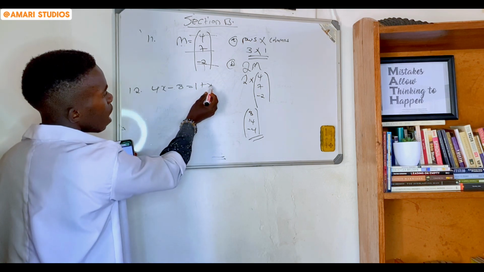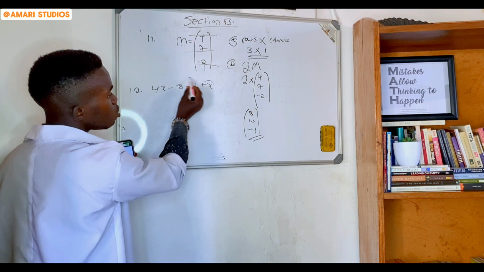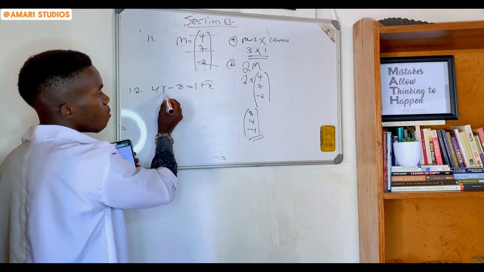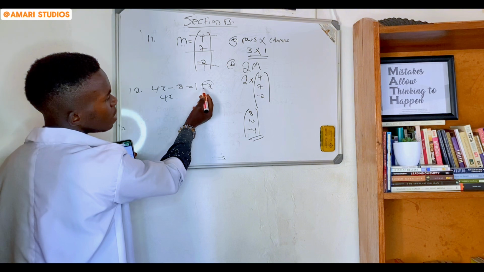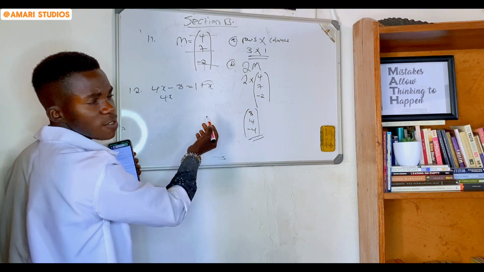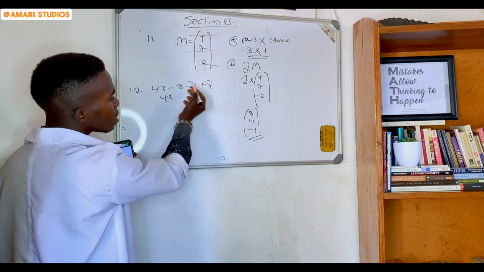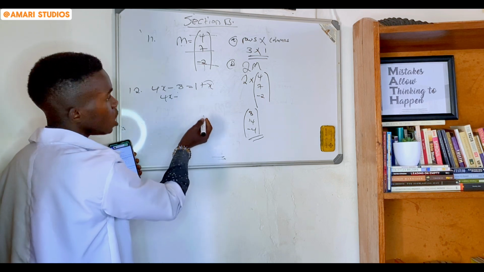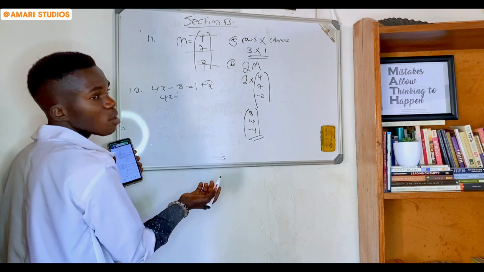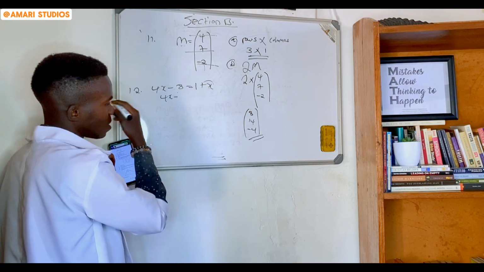So this x is going to come to the other side of the equation, with the 4x. As you can see, x here is positive, so when it comes to this side it becomes negative. The sign changes because it has crossed the equal sign.